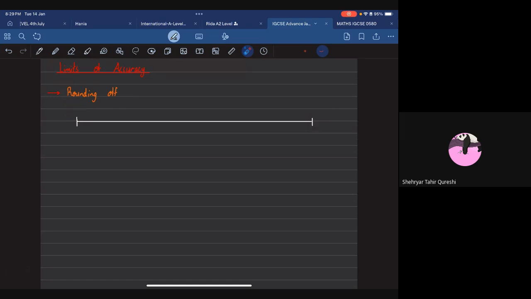For any two numbers with a 10 gap interval, that is, any number divisible by 10 and the next number divisible by 10, the halfway point is always divisible by 5. For example, 0 to 10 has a halfway point of 5. 10 to 20 has a halfway point of 15, right? And so on and so forth. 20 and 30 has a halfway point of 25.